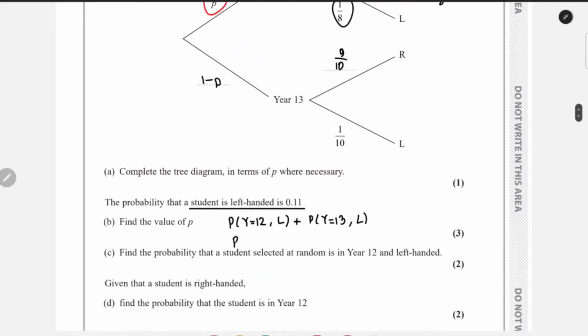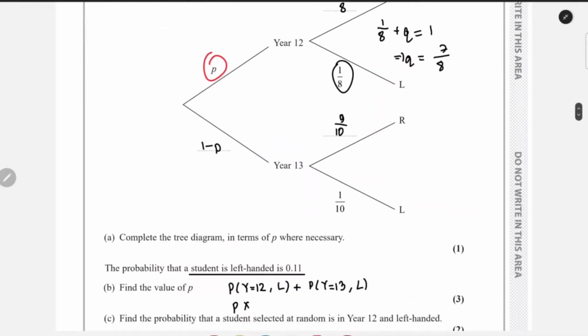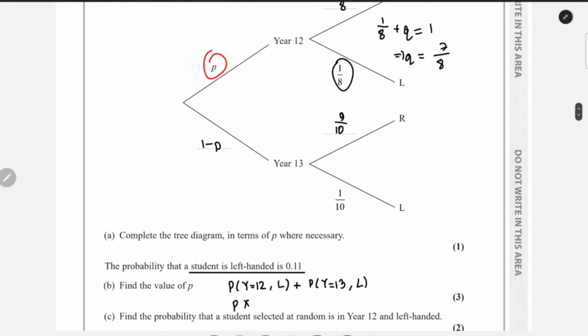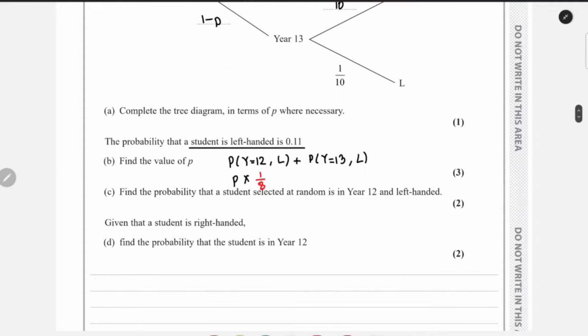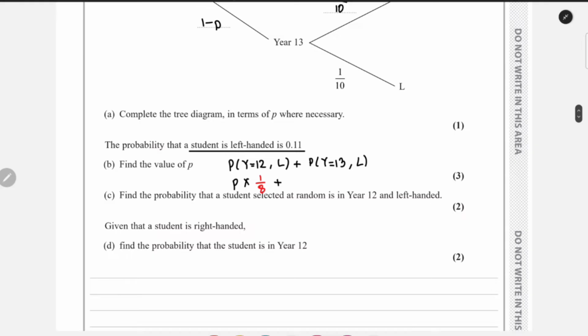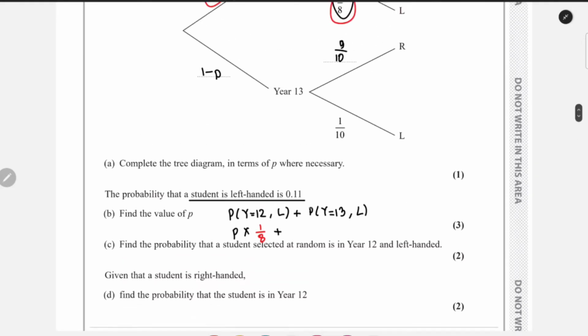It would be P times the probability of left-handed in this, which would be 1/8. So P into 1/8. Plus, we have to find the probability of year 13 left-handed. So probability of year 13 is 1 minus P, and probability of them being left-handed is 1 by 10.